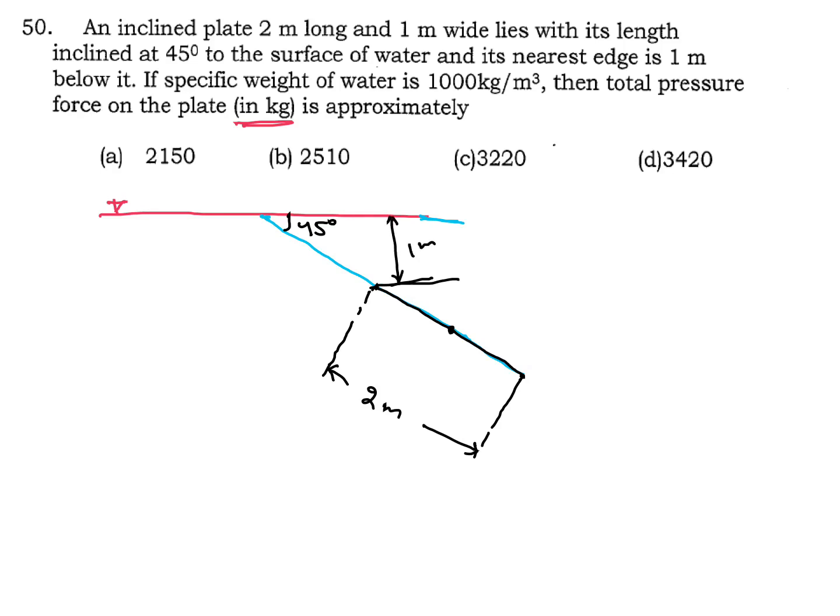Specific weight of water is rho g. Its density 1000 kg per meter cube. Total pressure force on the plate we have to calculate. And here the center of gravity is G. This distance is h bar.